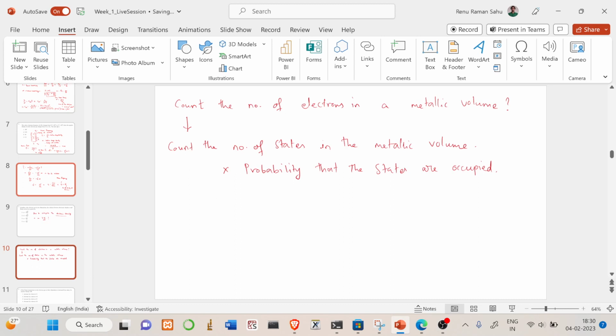So how do you do this? This is a very general technique. We consider a metallic volume, let's say a cubic volume. This is a cubic volume and it has a length L along all the sides.